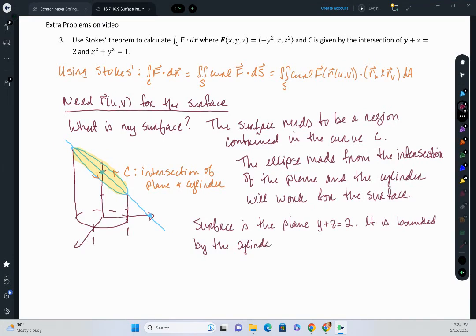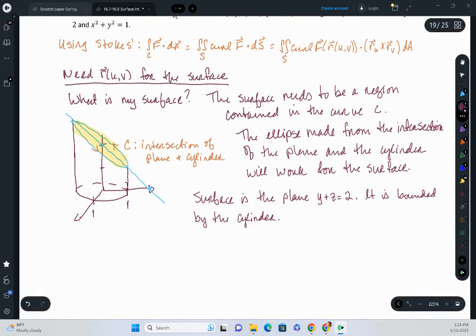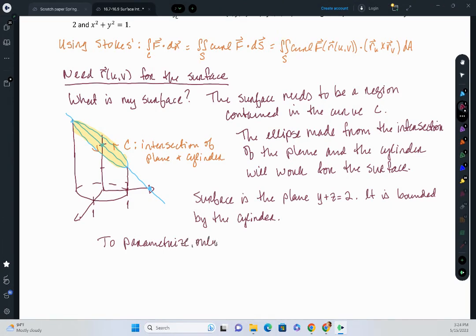It won't just be some flat surface that goes on forever. We're going to use a cylinder in order to get the correct xy values that would give us that elliptical shape. So when we parametrize, we don't consider the bounds, we only consider the surface. Bounds come later.